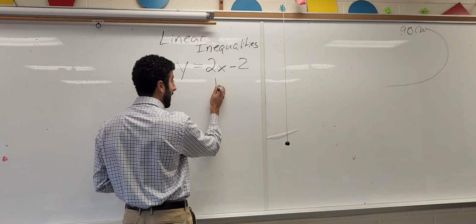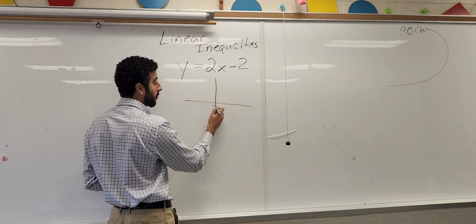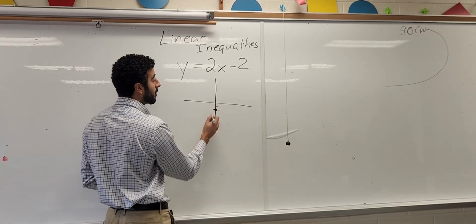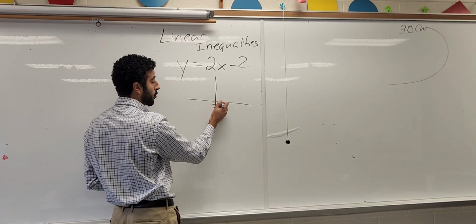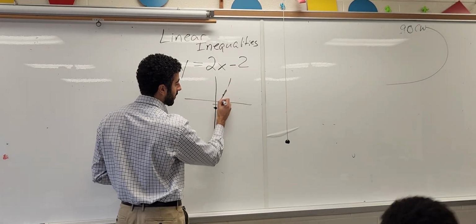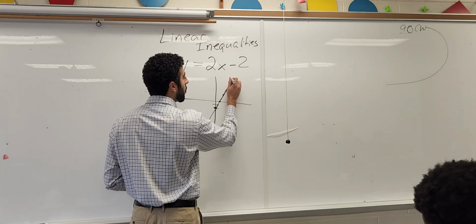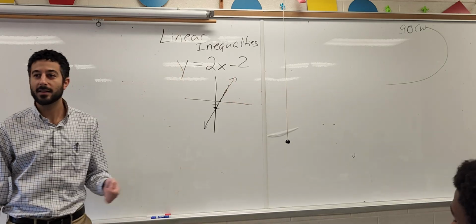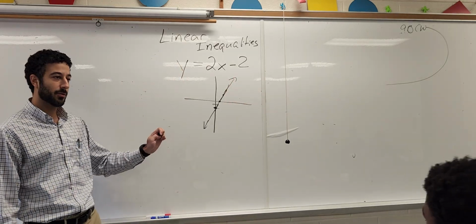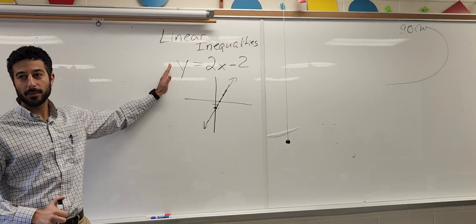You start with your y-intercept, which is at -2, and then you follow the slope, so that's up 2 over 1, up 2 over 1 again. Let's just do it twice. Get a smooth line in there. So if you know how to do that, this part of the test should be easy points for you.